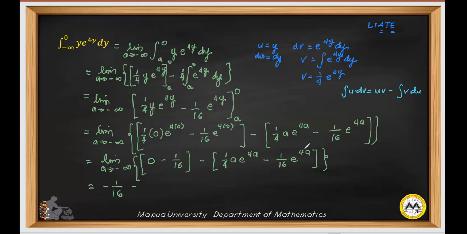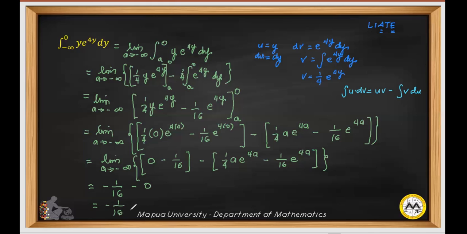If we bring this in the denominator, if the denominator is increasing and the numerator is constant, then that will give us 0. So this expression is equal to 0. Therefore, the improper integral is negative 1 over 16.